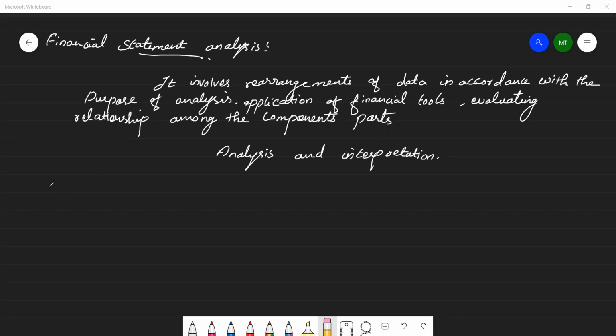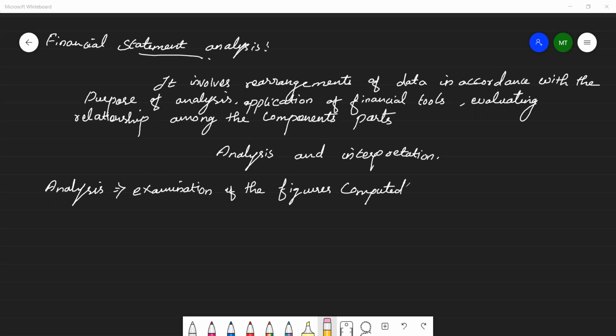Analysis refers to the examination of the figures computed and comparison of the same establishment relationship.